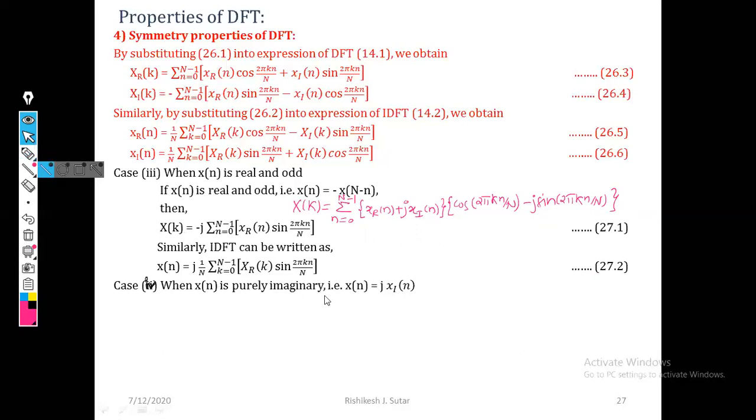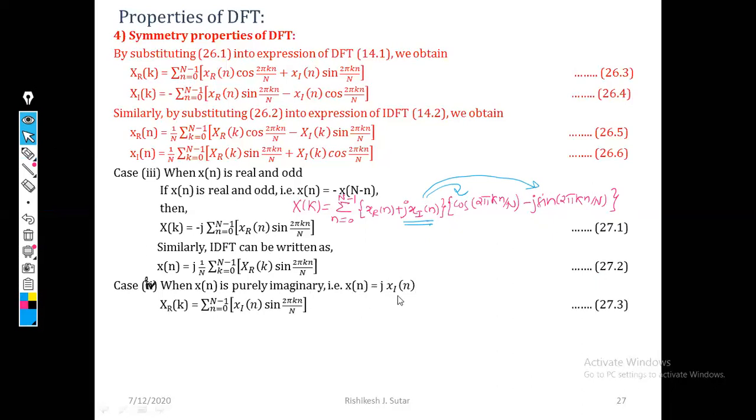Now what I have here is the purely imaginary term, that is x of n is equal to j x I of n. I have this term, so I can multiply this with cos, and I can multiply the same term with the sine.